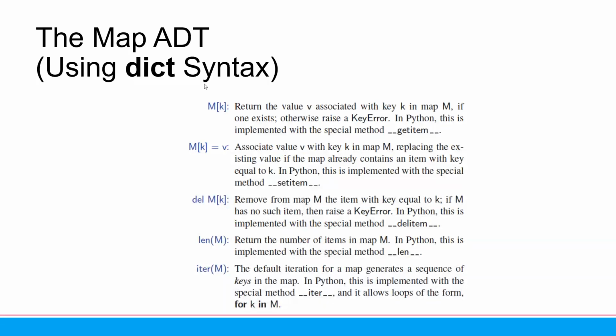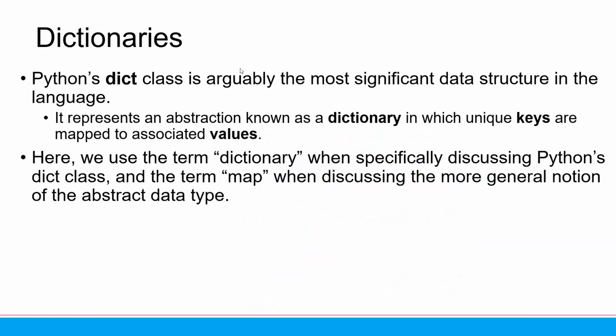Yeah, let me continue with the map. So if we review a little bit about the map and dictionaries, in Python, we have a specific class. We call it the dictionary class. So the dictionary class in Python represents the data structure of map.